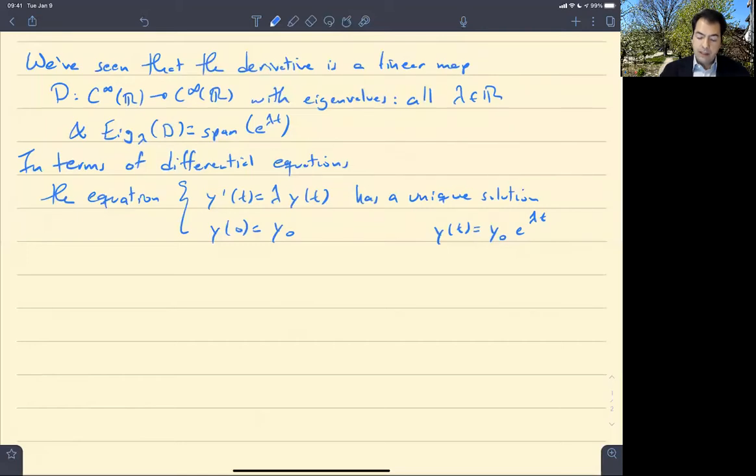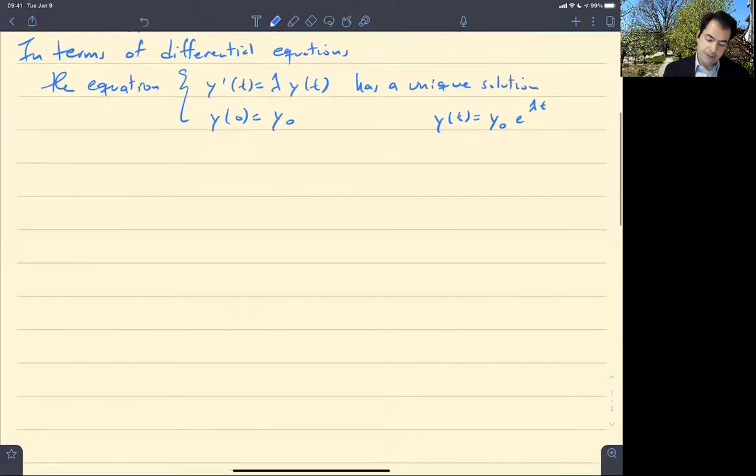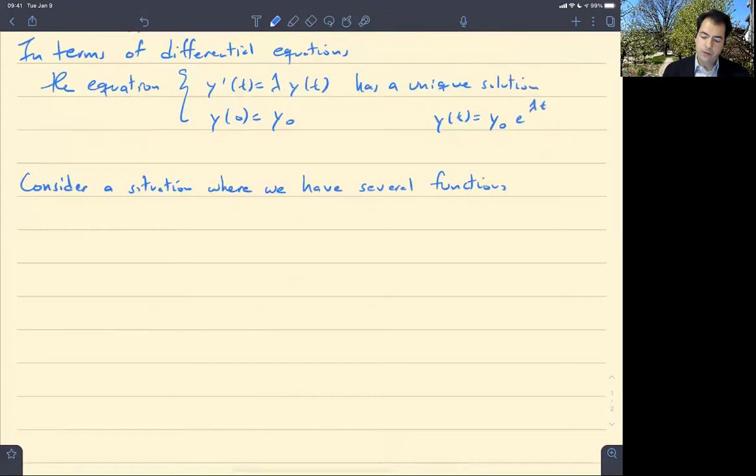So next, let's consider a situation where we have several functions of one variable.